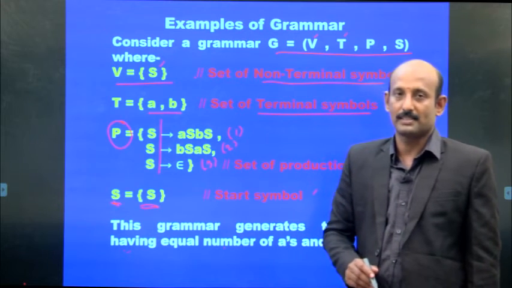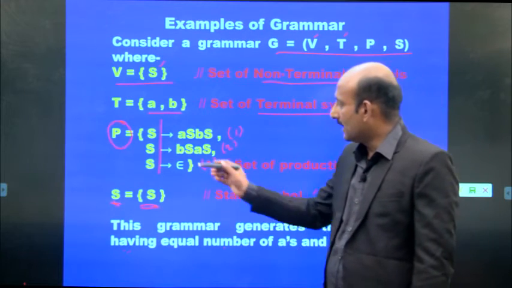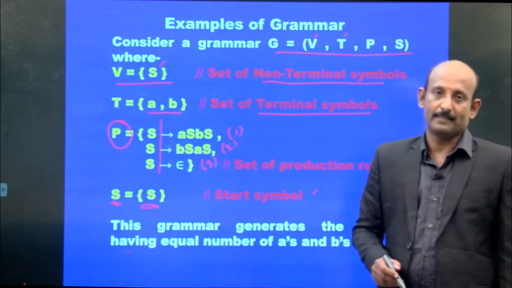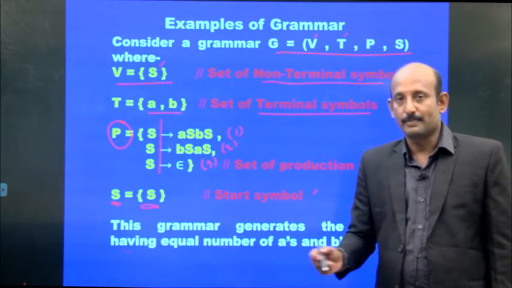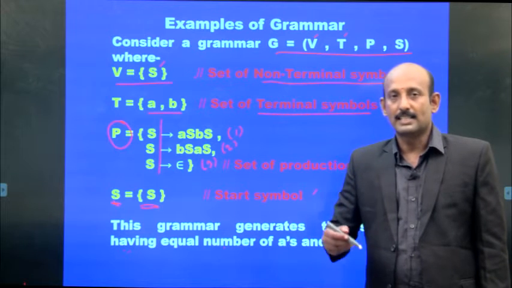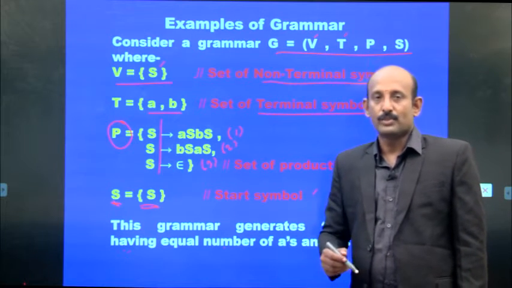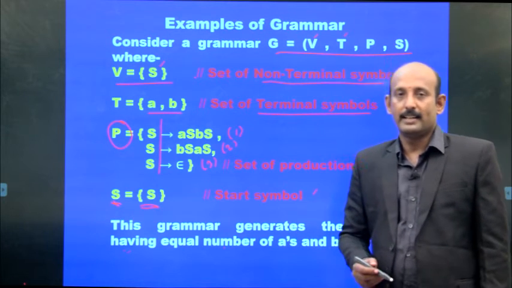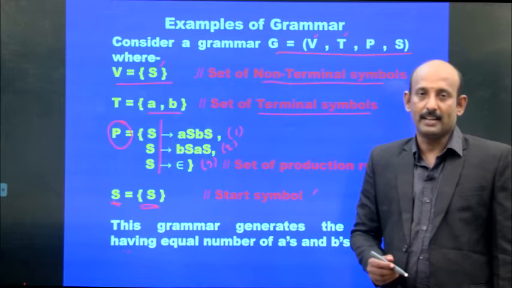The left side of these productions always belongs to a single non-terminal. The right side of the production is a combination of both terminals and non-terminals.